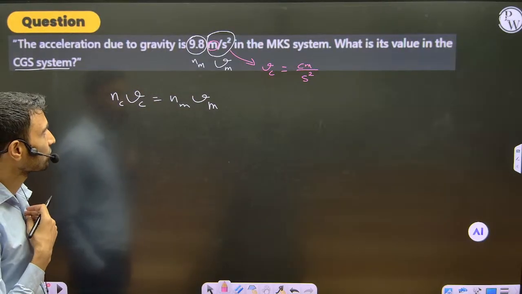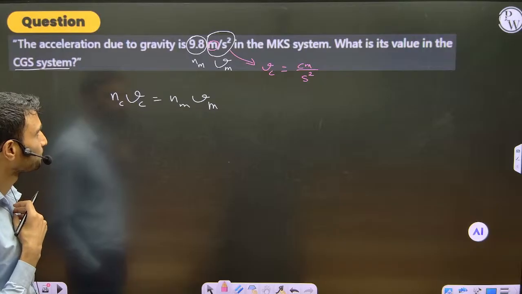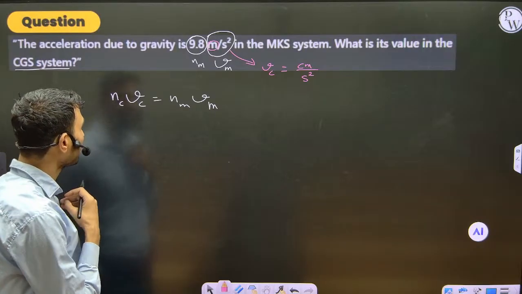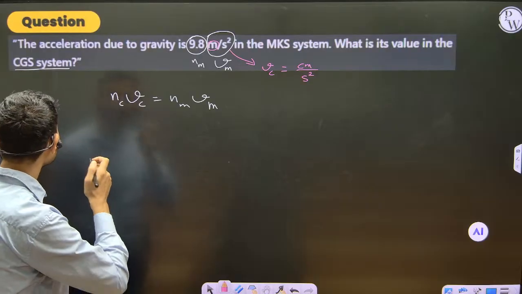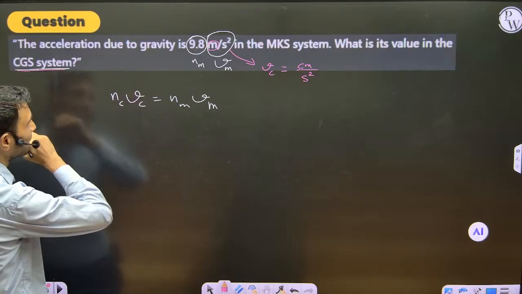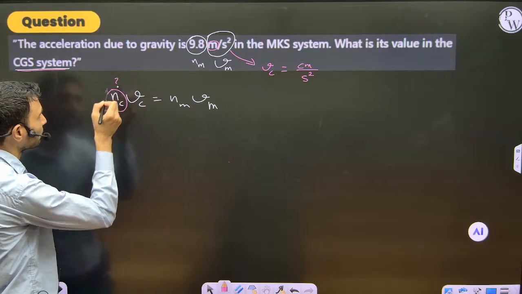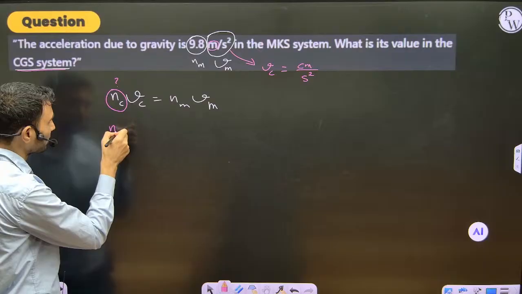And that is your UC. And we have to find out the numerical value in the CGS system, and what is that coming out to be?